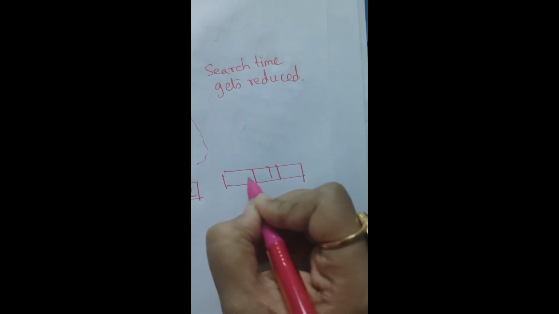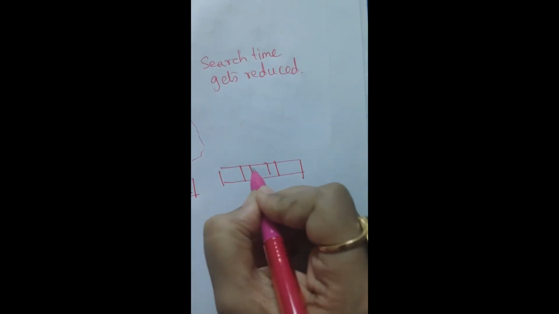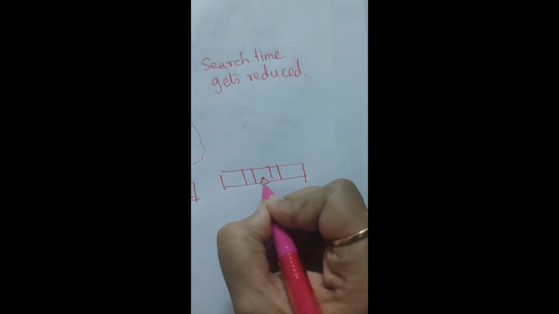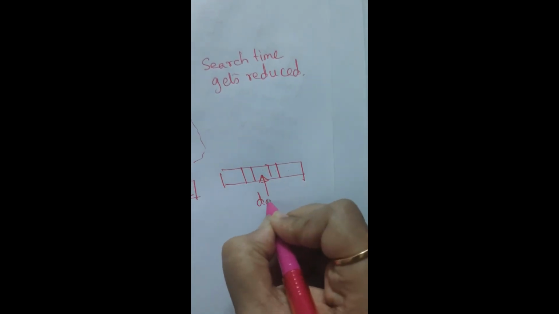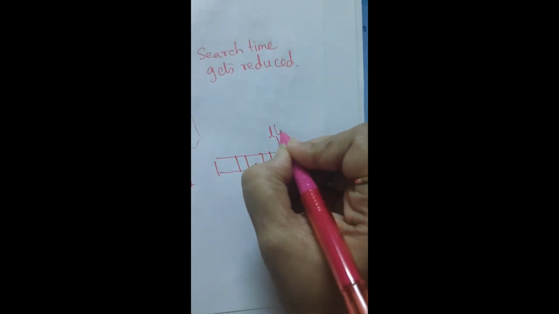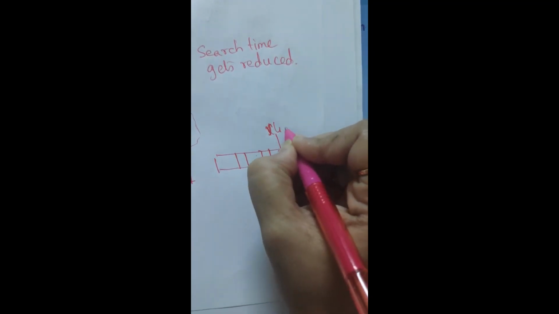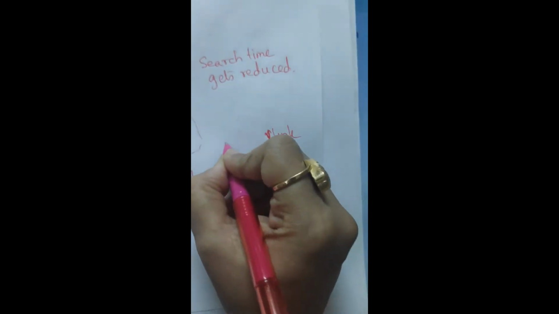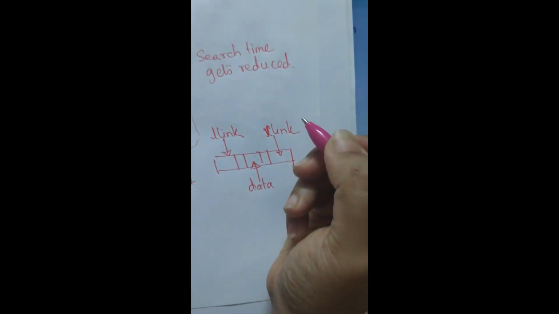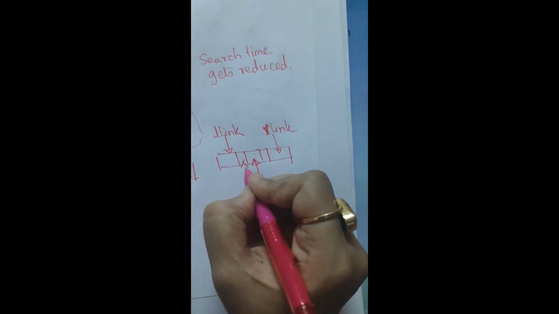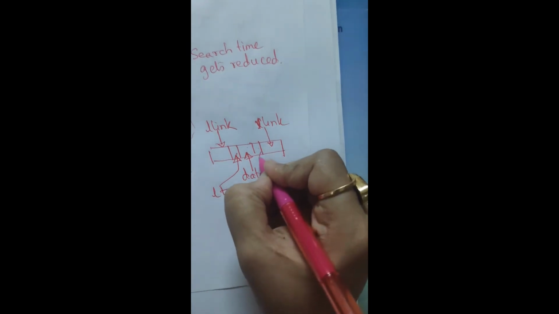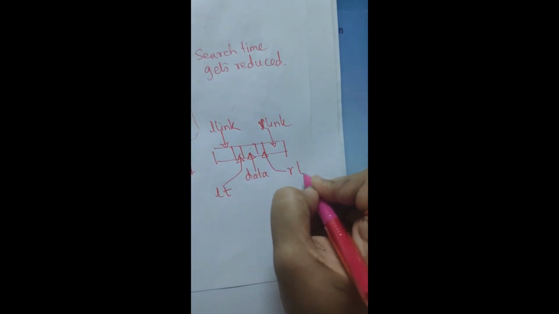There are 5 portions in the structure of a threaded binary tree. This is the data part. This is the right link. This is the left link. Correct? Now, this portion is called LT and this portion is called RT.